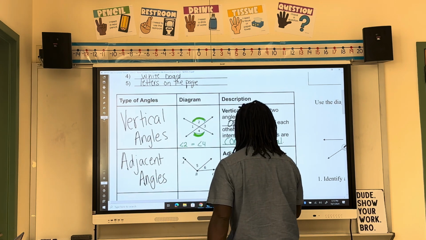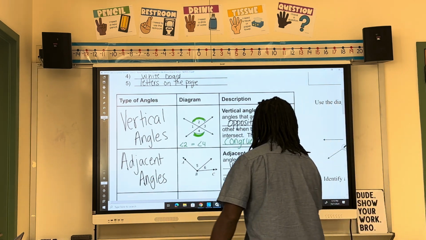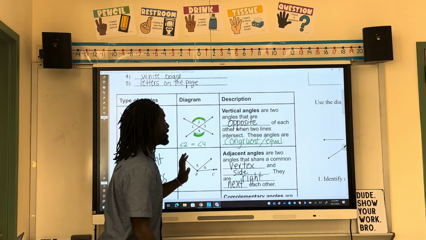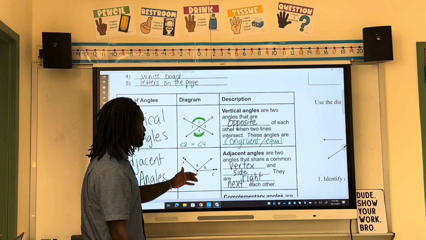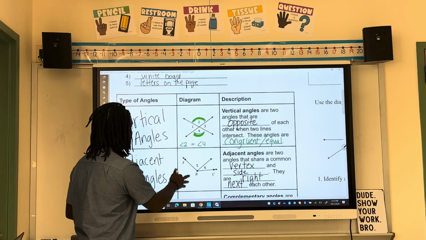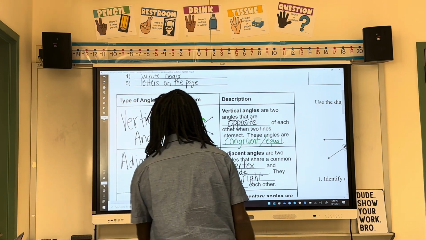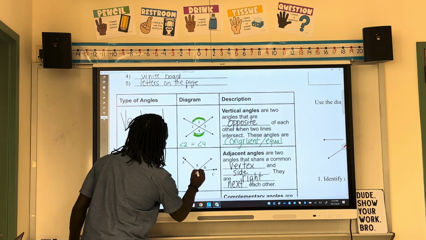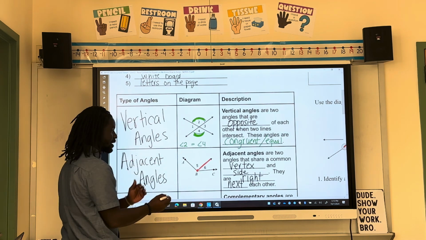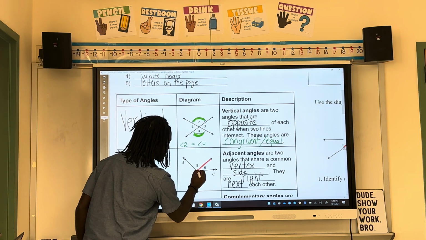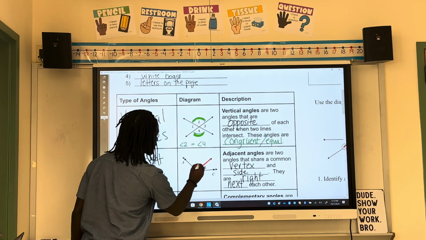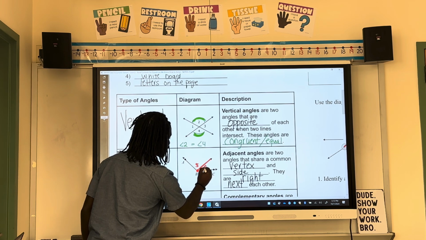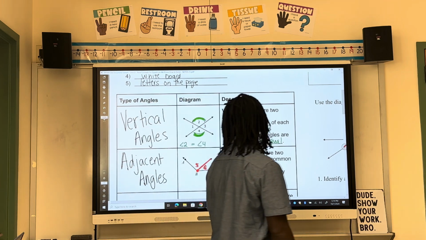And so they are right next to each other. Adjacent angles are right next to each other, or you can think that they are touching. So in this case, adjacent angles are angles 5 and 6 because they share a common vertex, and then they also share this side. They are touching. So it must share a common vertex and a side. So angle 5 and angle 6 are adjacent.